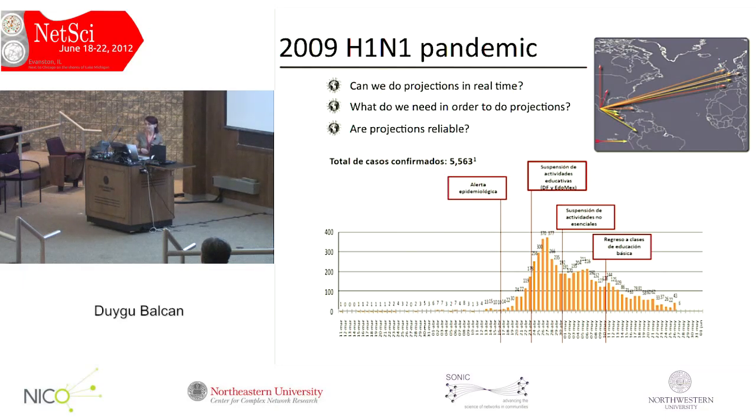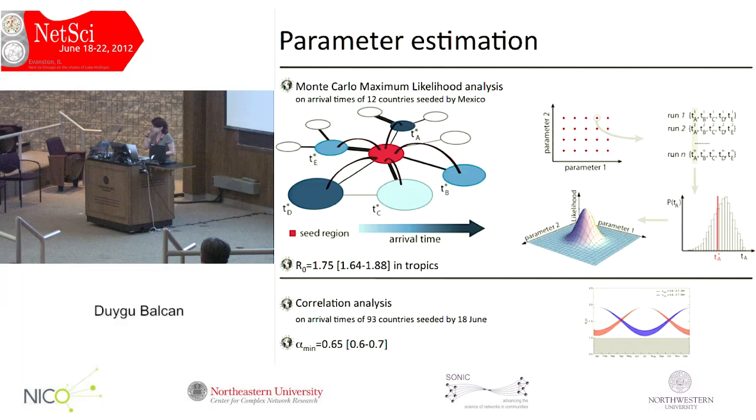So we decided to take another path using the advantage of the mobility data set we had. Since the model is based on a metapopulation approach and the epidemic is driven by movements of individuals, we decided to use the arrival time of first infected individuals to a set of countries which were directly seeded by Mexico.